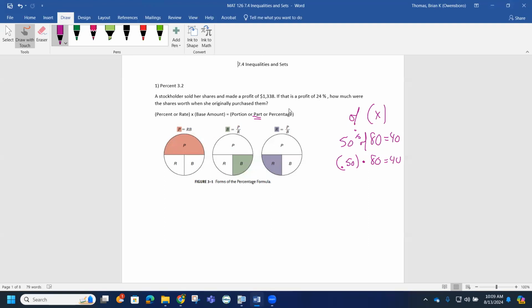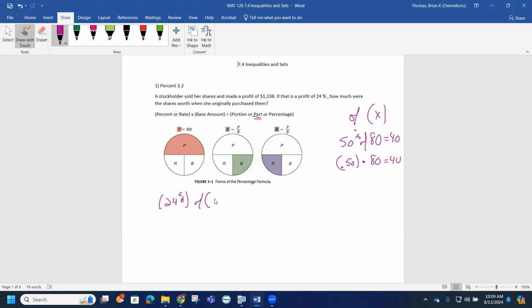And that's what our question is about: what were the shares worth originally? So in this question, we don't know what the base amount is. I know that the percent is 24%, but we're taking that percent of the original amount, which is our unknown.